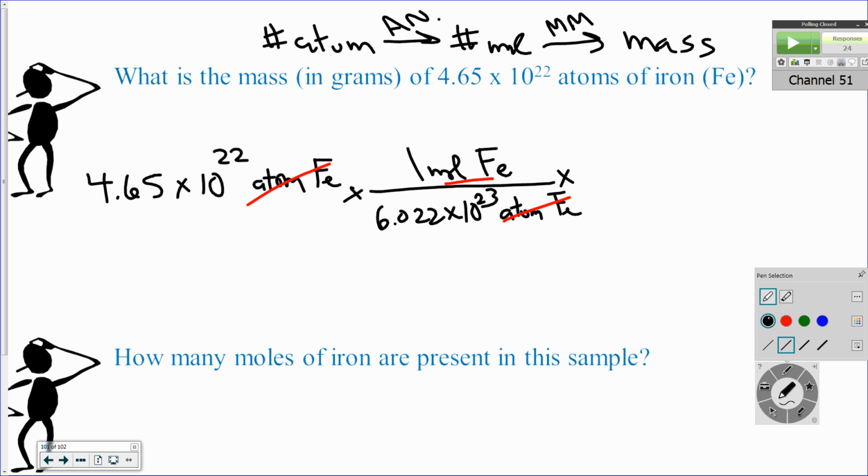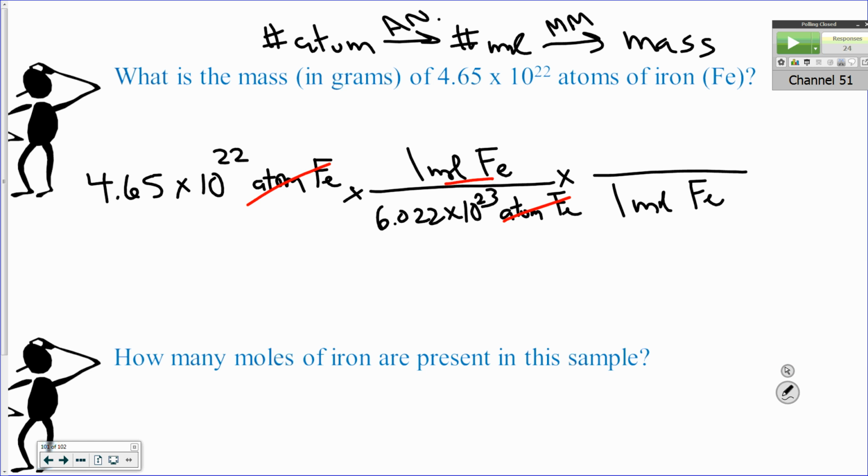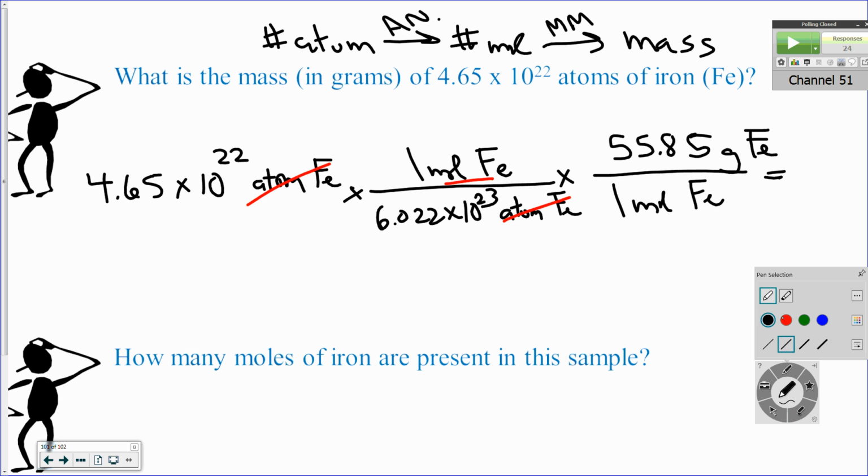But now I want to go from moles to mass. 1 mole of Fe, iron, weighs what? 55.85 grams. And again, following my units canceling out, moles of Fe cancel out. The only thing I'm left with is grams of Fe, which is mass. That tells me I got the problem set up right.